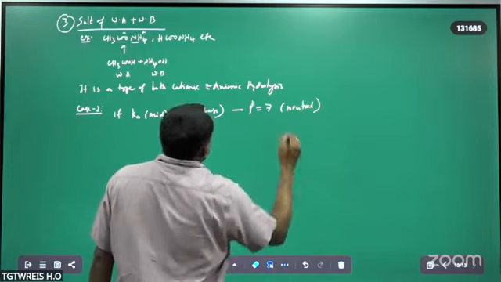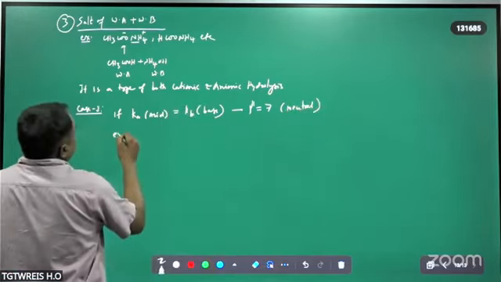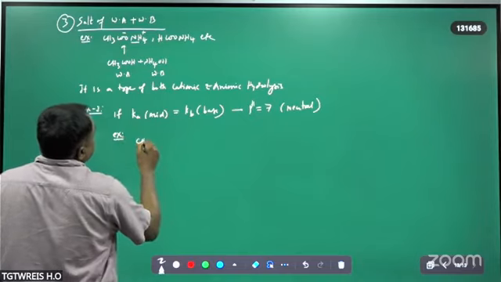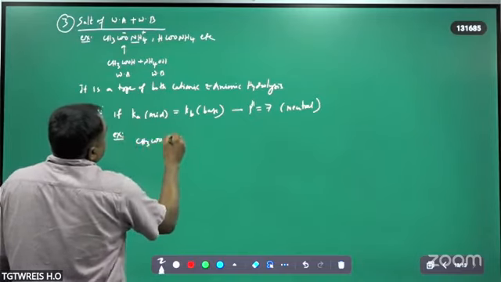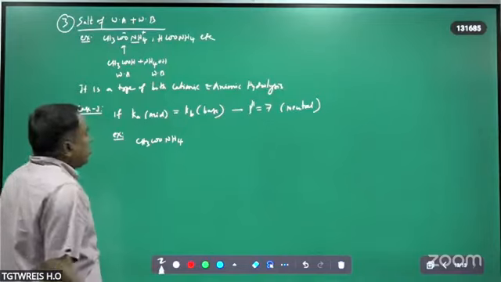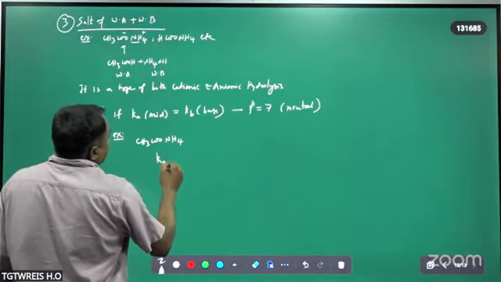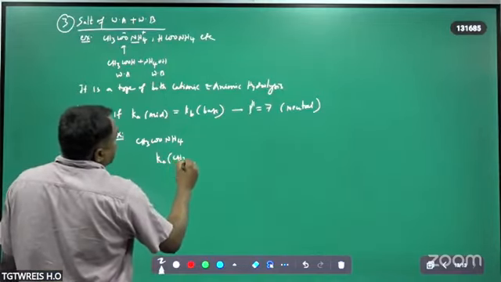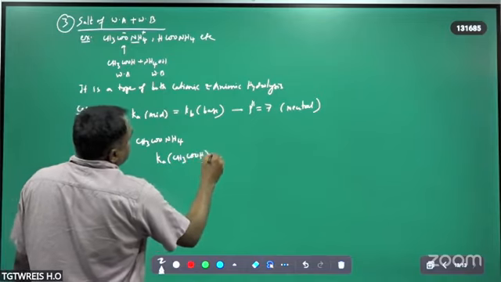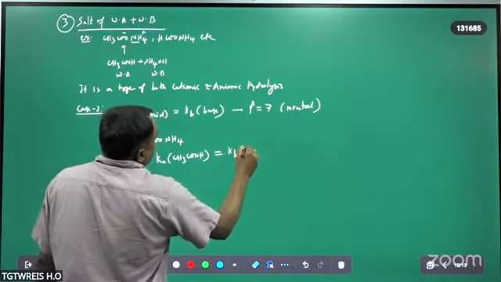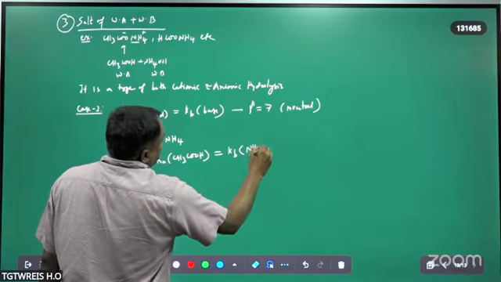For example, CH3COO NH4, because Ka of acetic acid is equal to Kb of NH4OH.